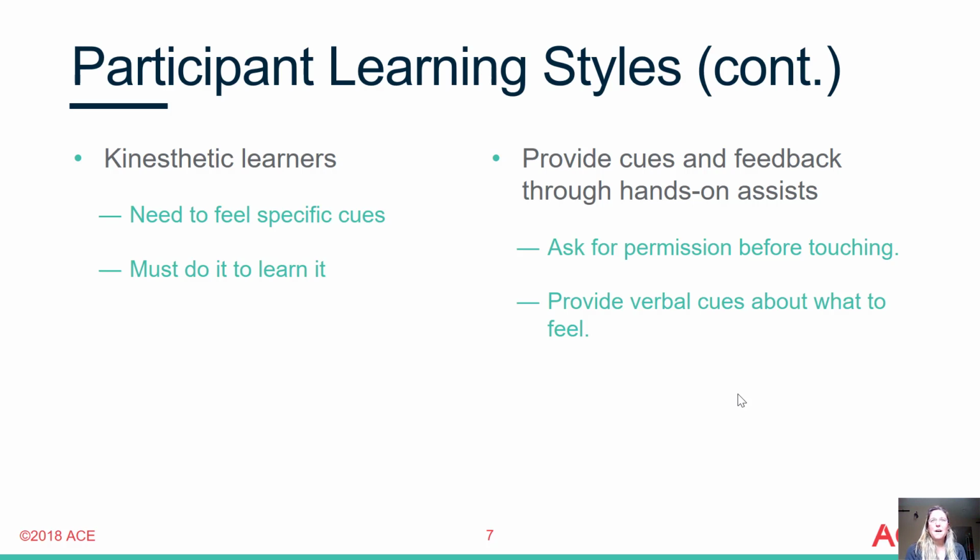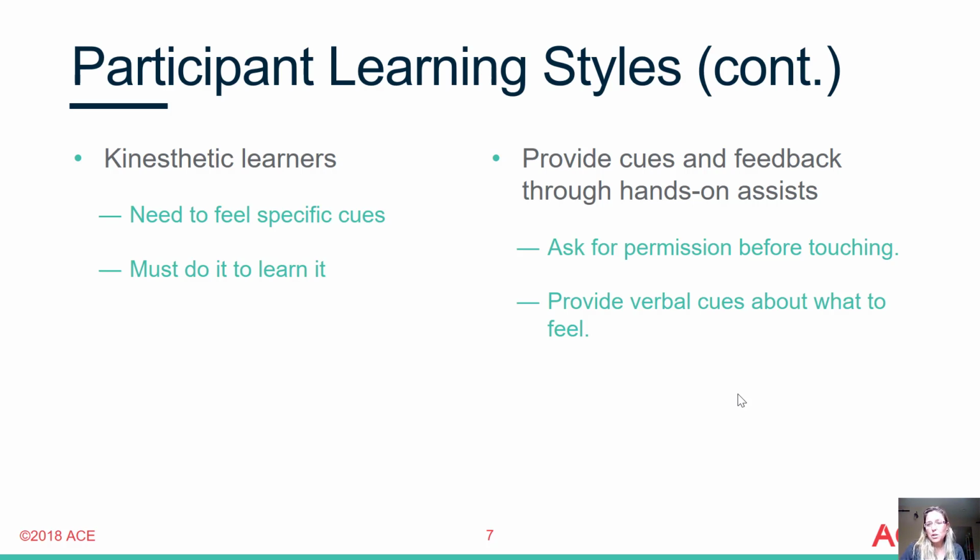So for example, if I have somebody doing a bird dog exercise, or let's say even a bent over row, right? And I come up behind them, I get permission to touch, and I put my hand right between their shoulder blades and say, squeeze my hand. So that gives them that feeling of, okay, I got to squeeze her hand between my shoulder blades, and that's going to allow them to perform that bent over row exercise appropriately.